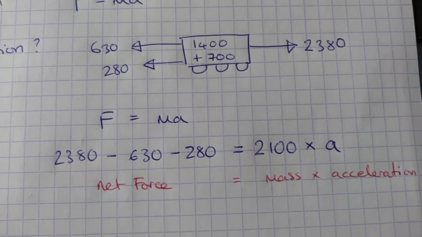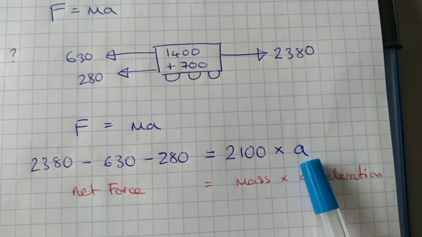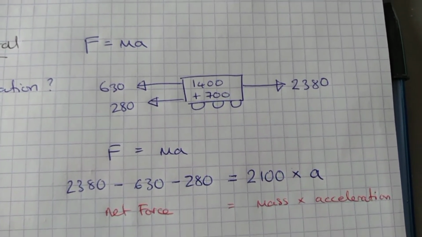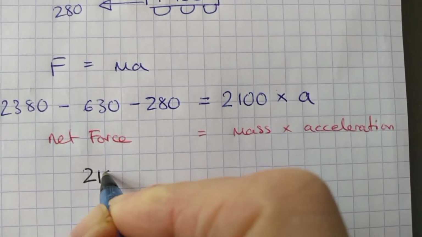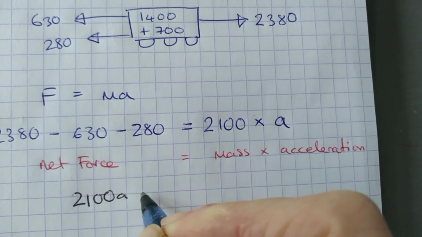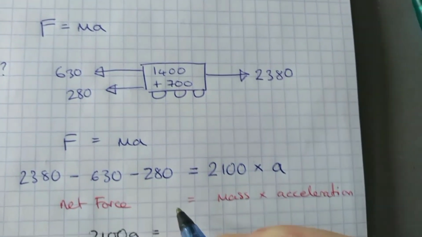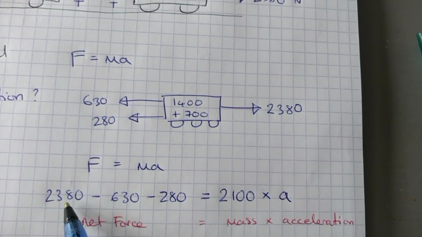So you can see we've just got a load of numbers in there and then A, so I can work out what A is. Okay. So 2,100 A equals 2,380.